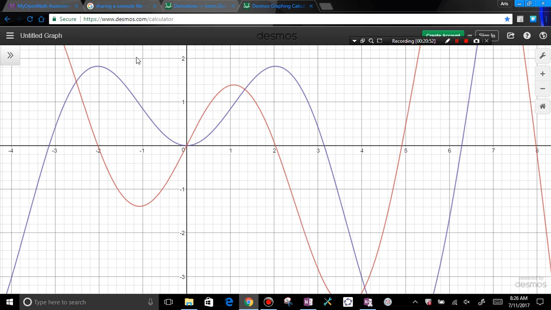Go ahead. The blue graph is the derivative of the red graph. Are you going to tell me what function this is? No, and you can if you want. Tell me why. From negative infinity to -2, the red graph is decreasing.